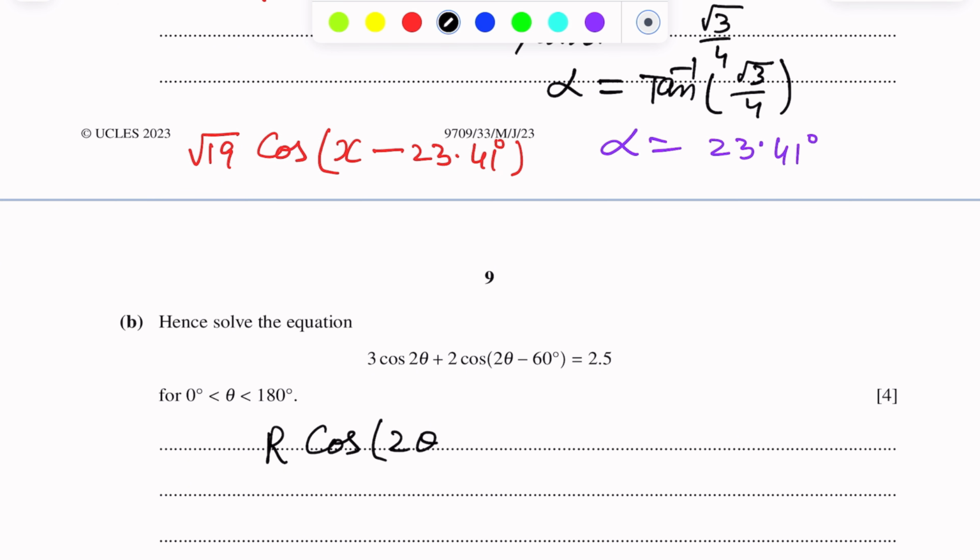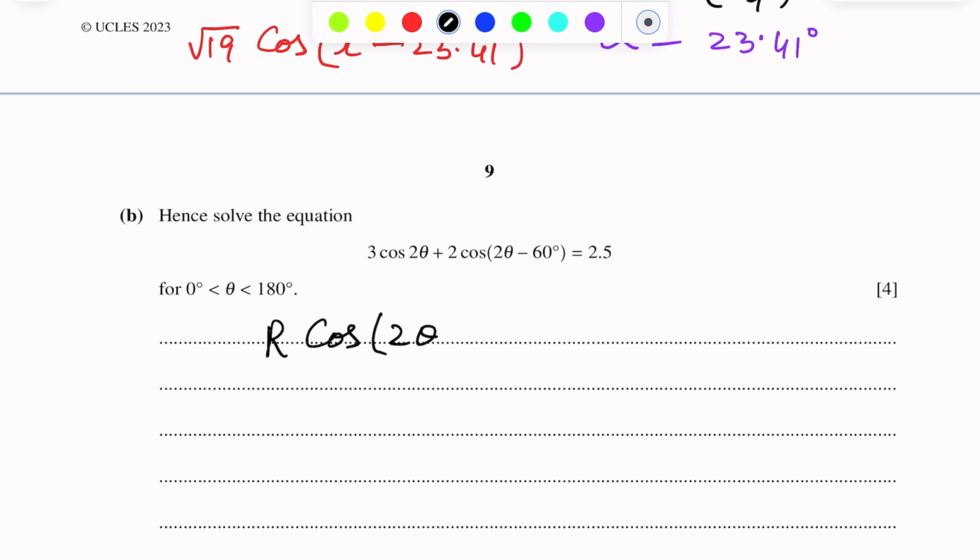Replacing x by 2 theta, this becomes r cos(2 theta minus alpha) is equal to 2.5.